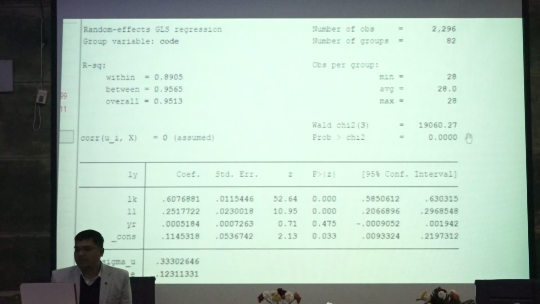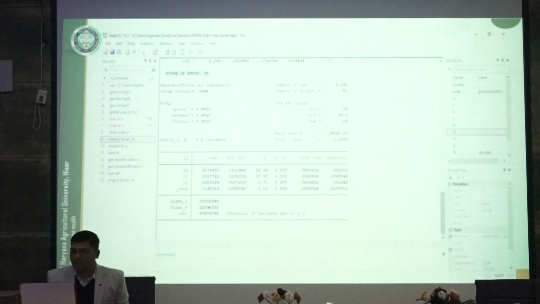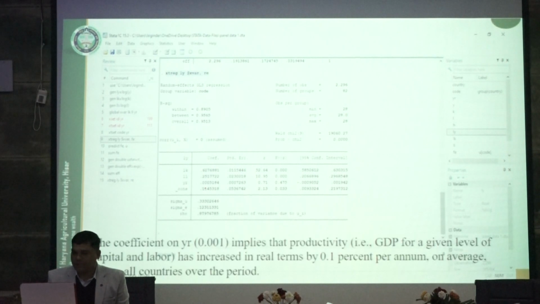And again the number of observations and the number of groups, and each group having 28 observations. Then you can check the overall significance of the model, and then you can check the significance of each and every variable by checking this p-value, and you will get this value.